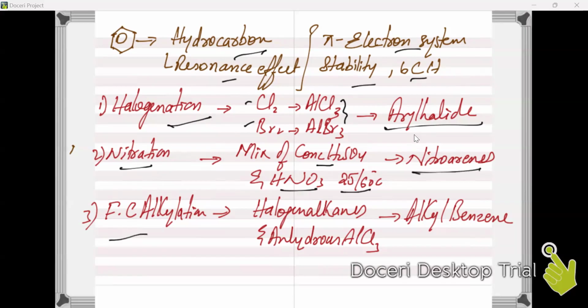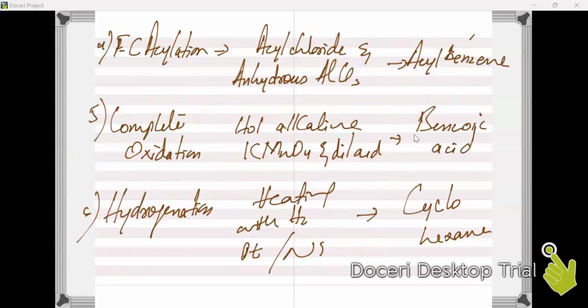Friedel-Crafts alkylation: halogenoalkane reacting in the presence of anhydrous aluminum chloride gives us alkylbenzene. Acylation: acyl chloride and anhydrous aluminum trichloride give us acylbenzene. Complete oxidation: hot alkaline potassium manganate and dilute acid give us benzoic acid. Hydrogenation: heating with hydrogen, platinum or nickel catalyst, gives us cyclohexane.